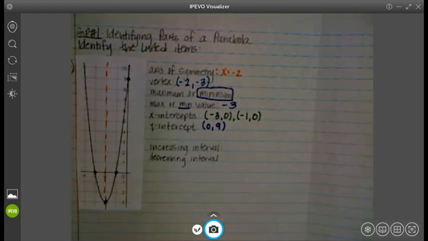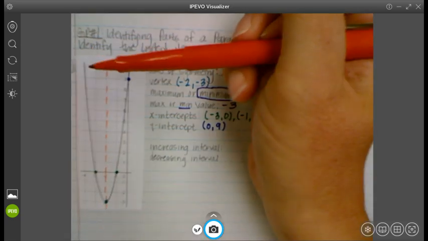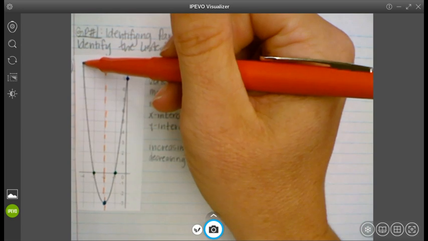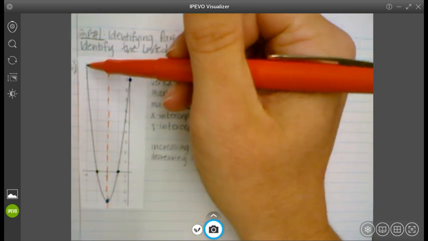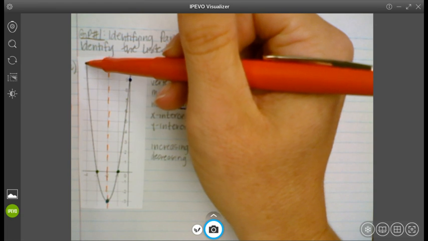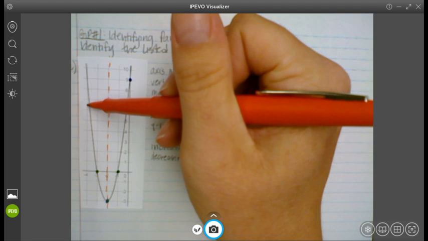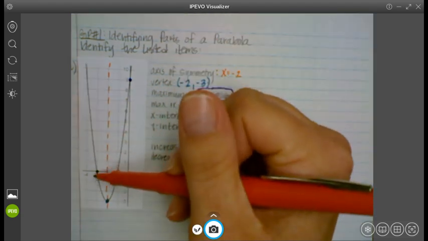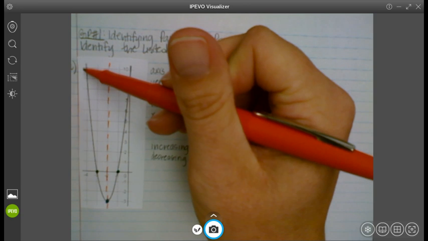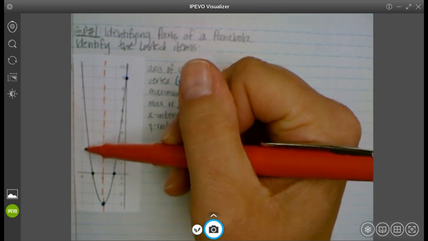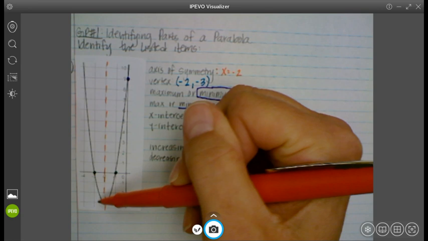Okay, so what I want you to do is grab two different colors. I'm going to use red and green. And starting at the very left side of your graph, I want you to hover over the graph and trace. We're not going to actually draw on it. We're just hovering and moving our pen with it. So notice that as I go along the graph from left to right, always from left to right, my marker is decreasing.